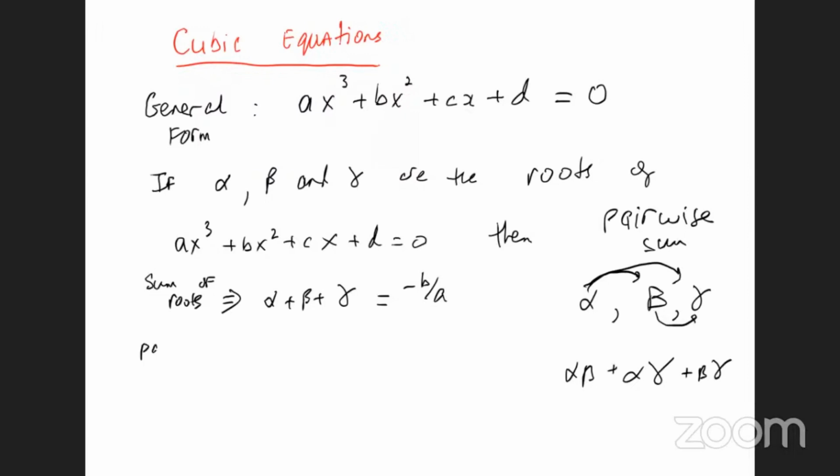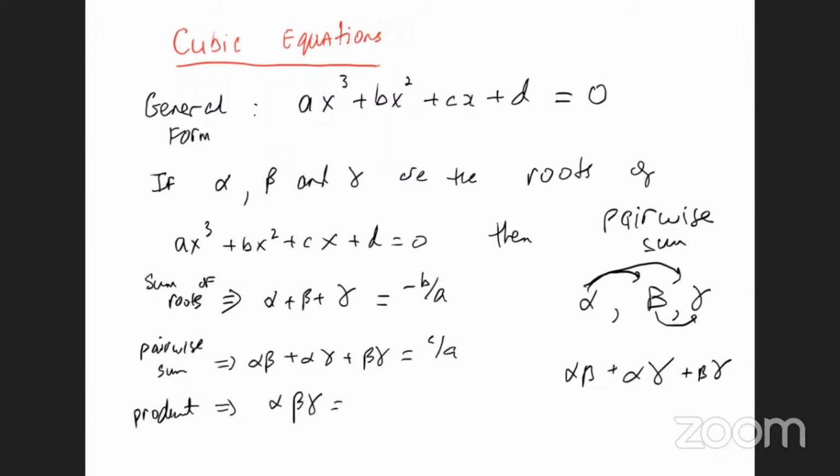So if you see I use the term pairwise sum, all it simply means is just pairing up the roots and adding them up. Alpha by beta, alpha by gamma, and then beta by gamma. That's equal to c on a. And last one is product. Product is alpha beta gamma, which is minus d on a.